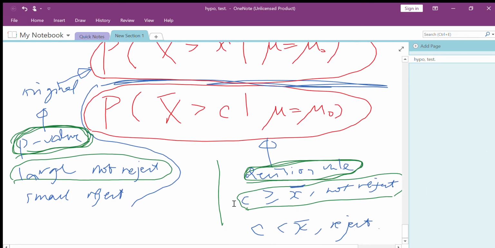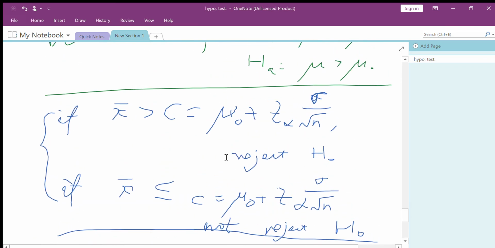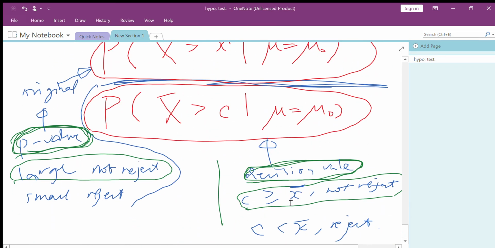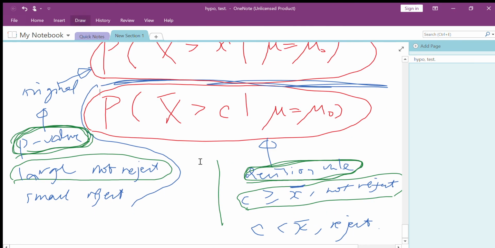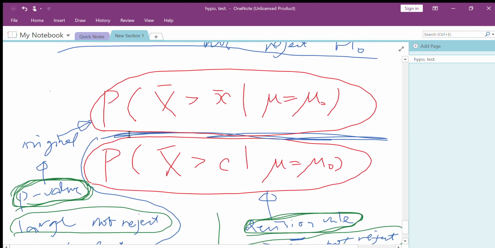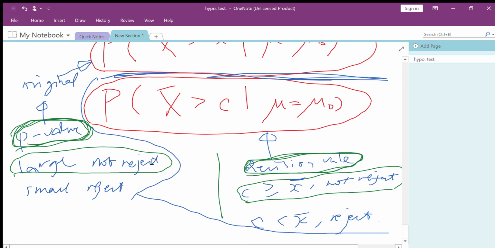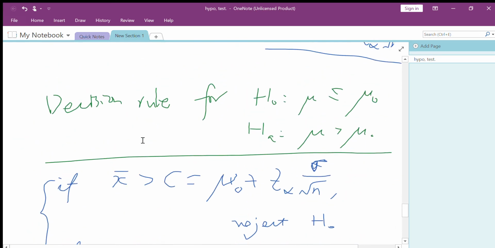In the p-value approach, if it is large, we do not reject null; if small, we reject. In the decision rule approach, you should find C. If C is greater than small x bar, we do not reject null. If C is less than small x bar, we reject. So there are two different approaches in hypothesis testing. For the introduction to hypothesis testing, we should remember two approaches: one is the p-value approach, one is the decision rule approach.